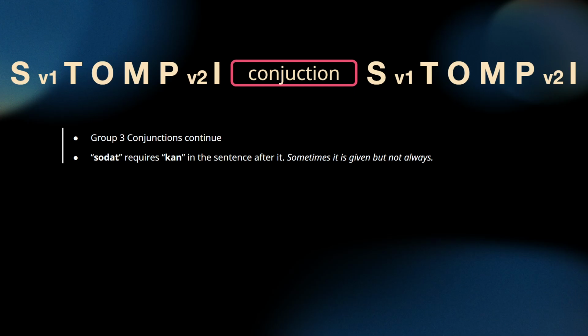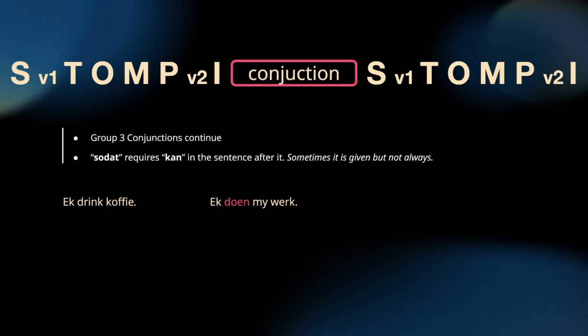Sodat is another conjunction that requires special attention because it needs the word kan, or can, logically in the sentence after it. Sometimes in our sentences, this is just naturally present because it is so logical, but sometimes it is not given in order to test this. So in my two sentences, ek drink koffie, ek doen my werk, I drink coffee, I do my work.